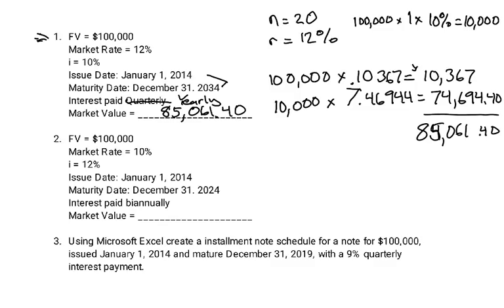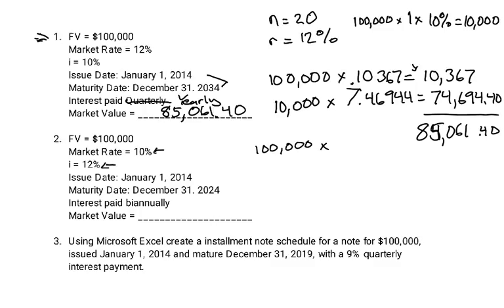And if it was a premium, so here you see the bond's stated rate is more than the market rate. You would basically do the same thing. You take 100,000 times the factor.